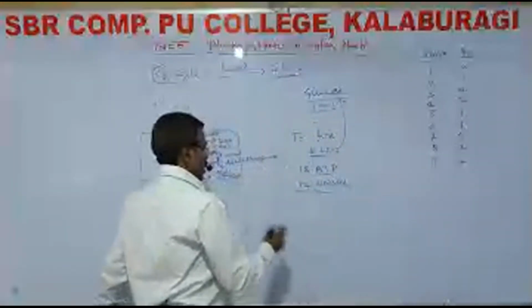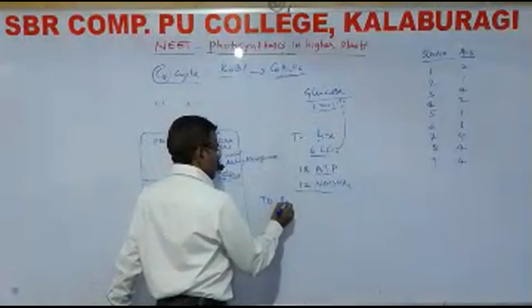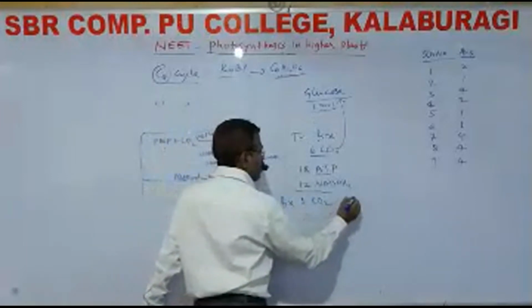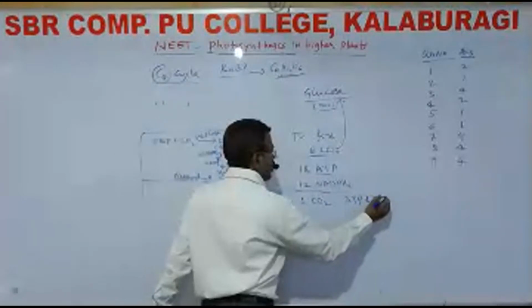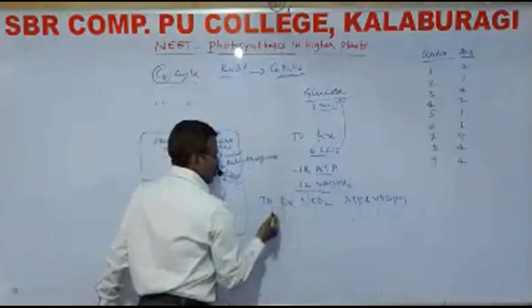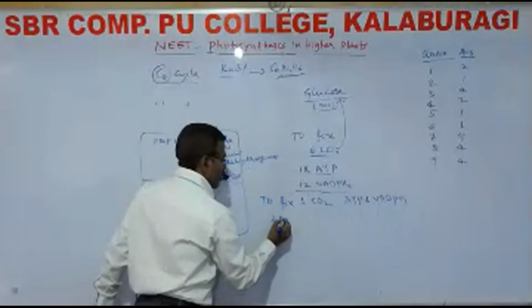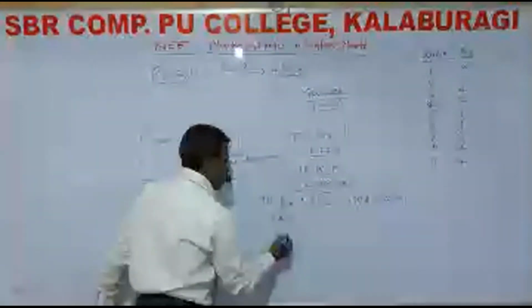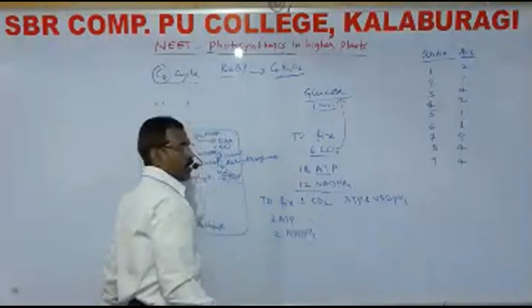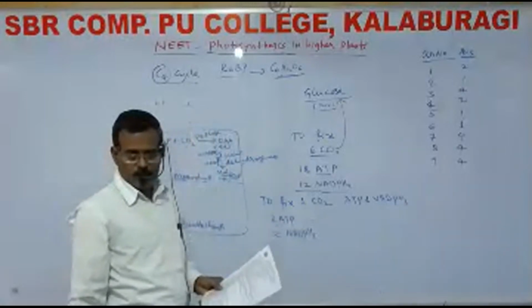Now they may ask us, to fix one carbon dioxide, how many ATP and NADPH are required? Then it is 3 ATP and 2 NADPH. So this you have to remember in the case of the C3 pathway.